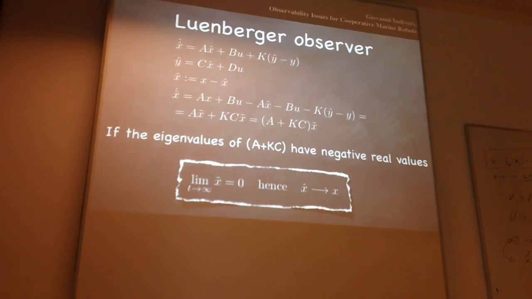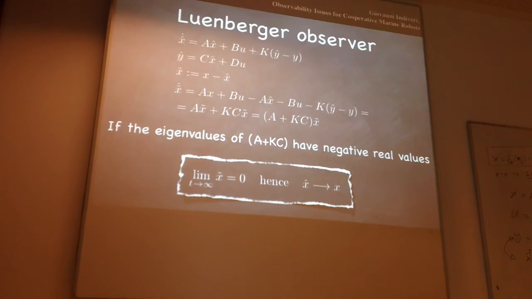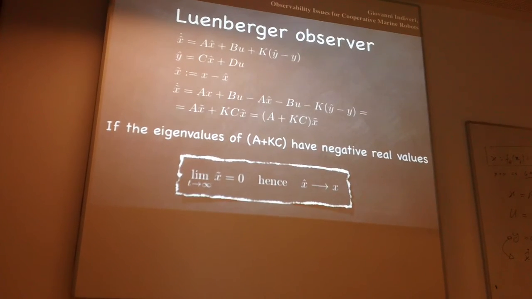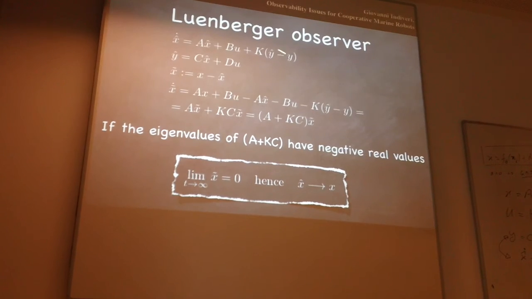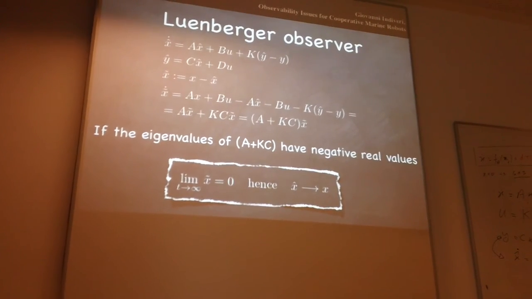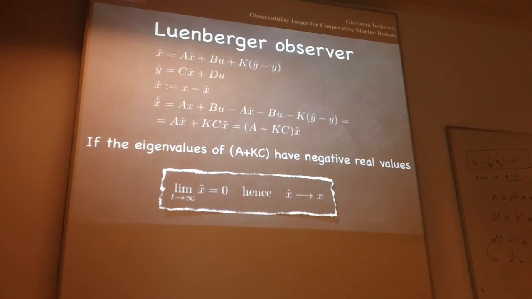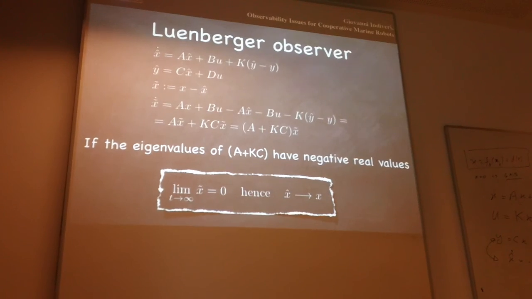What the Kalman filter is doing is a bit more. Not only does it guarantee that the filter is stable, so that the eigenvalues will be in the left-hand side plane, but it also guarantees, by construction, that the covariance of the state estimate will be minimized. That's what the Kalman filter is doing for linear systems.